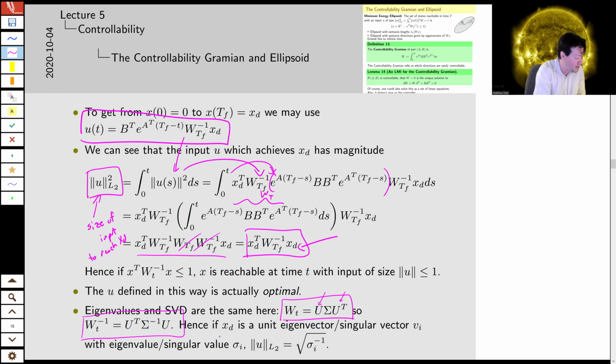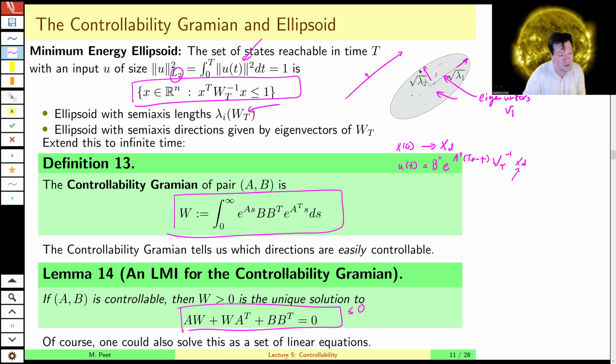And hence, if xd is an eigenvector, or a singular vector, if you like, a unit singular vector, and I should emphasize that, so of norm 1, then u with u transpose doesn't change size. And we just multiply it by that inverse singular value here. And so we get that the energy required to get to that singular vector is just what we have here, which was what we saw in the Grammian. So that's just a short derivation of the controllability Grammian.